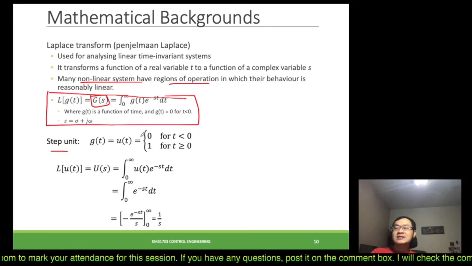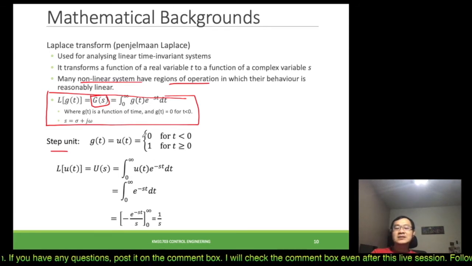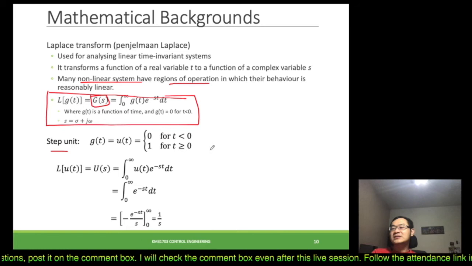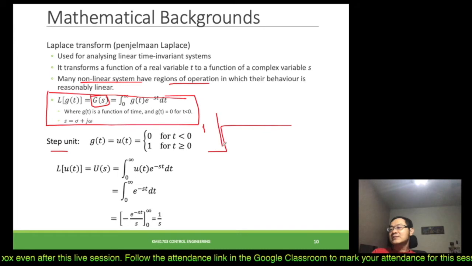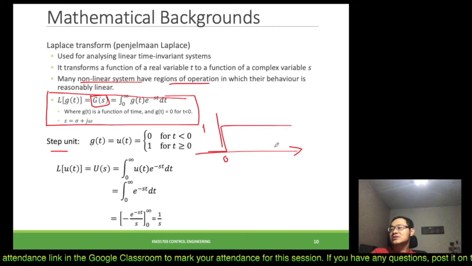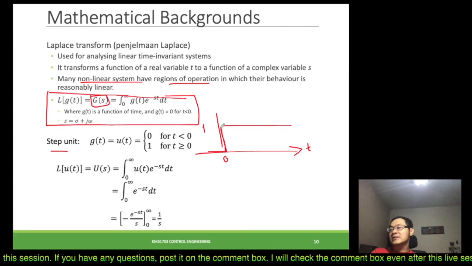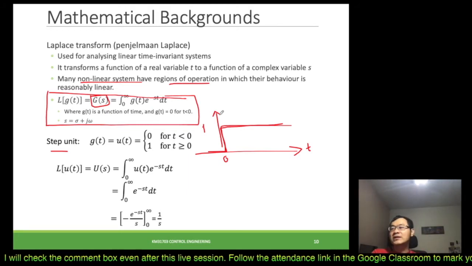For time less than 0, it is 0, and once the time is more than 0, it gives you a value of 1. If you represent it on a graph, this is time 0, and once it gets past 0, it straight away becomes 1, just like a digital step. So we call this a unit step.